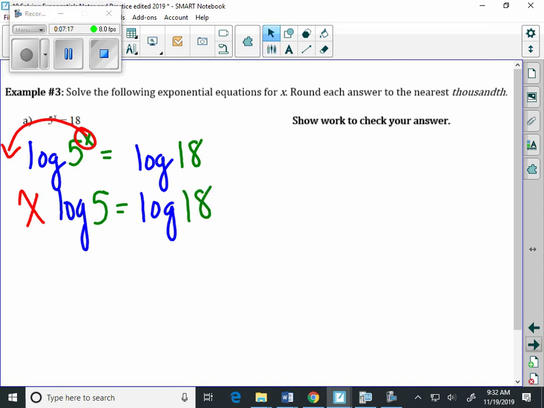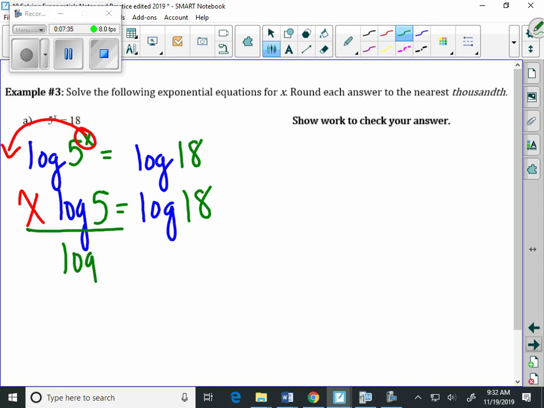Using that logarithm property at the very top of our paper here allows us to get the exponent out of that position and into a position where we can solve. X times log of 5. So now what we can do is we can divide both sides by log of 5 in this case.